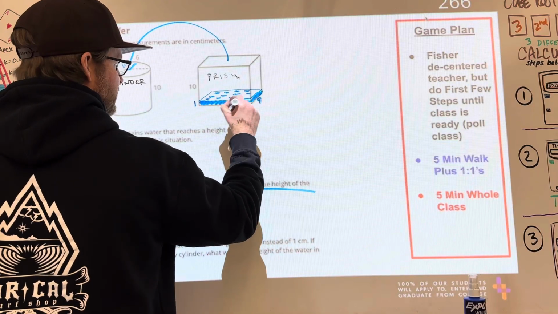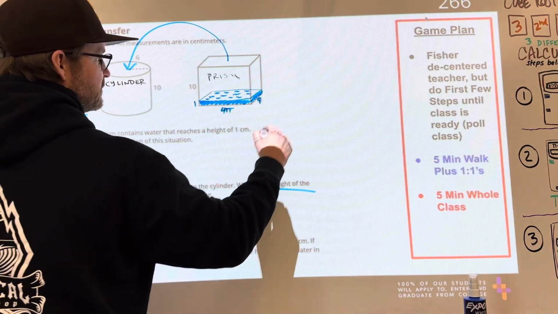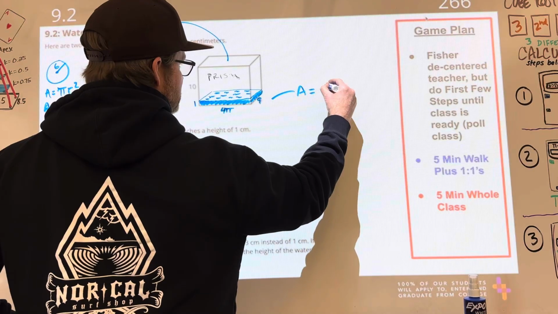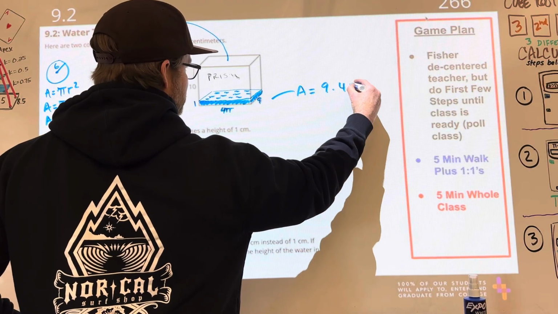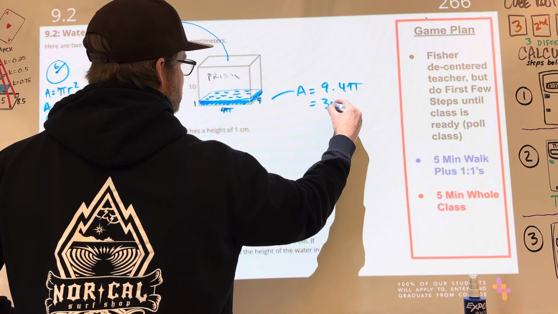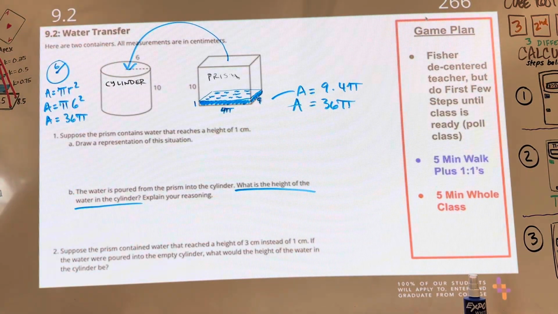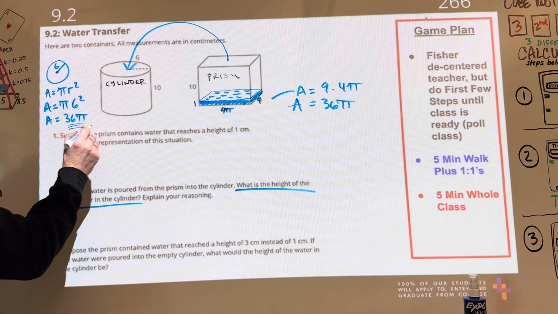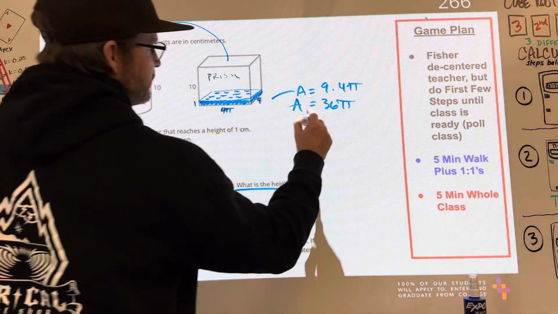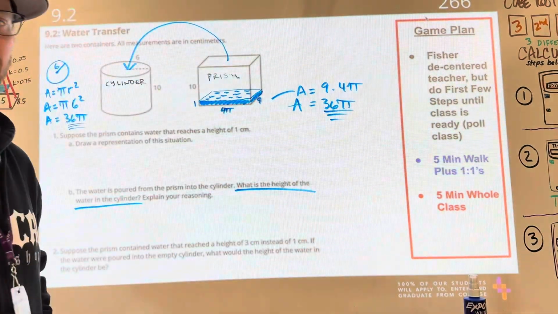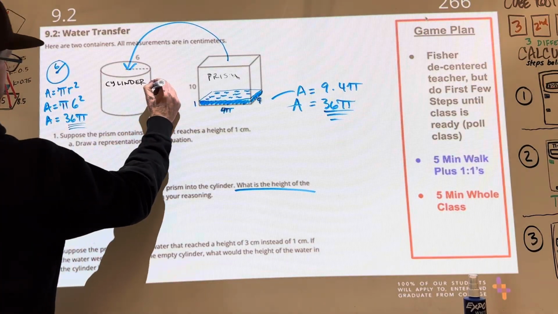You got 9 and 4 pi. So the area of this is 9 times 4 pi. So the area of the prism base is 36 pi also. So they have the same base, the same area of the base. They also have the same height.